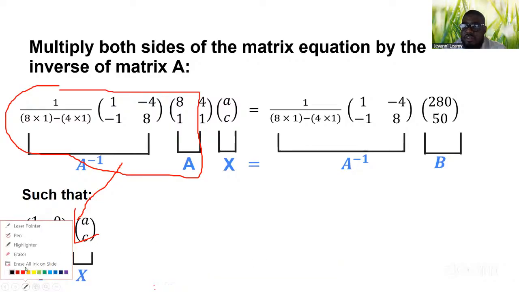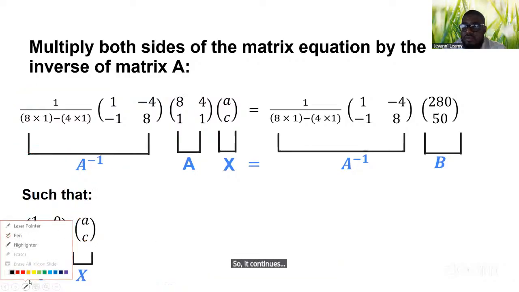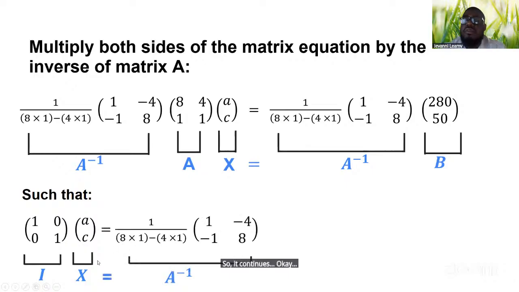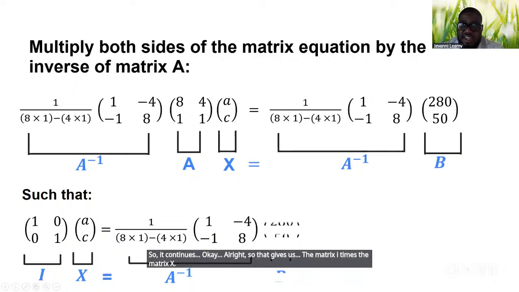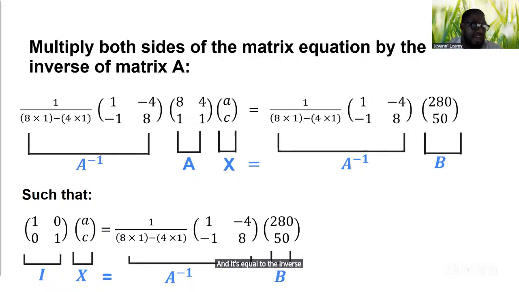So it continues. That gives us the matrix I times the matrix X, and it's equal to the inverse of A multiplied by the matrix of B. Now, what does all of this give us? All of this is long, but it's just a proof, and then you can simply go to a particular stage and get your unknowns quicker.